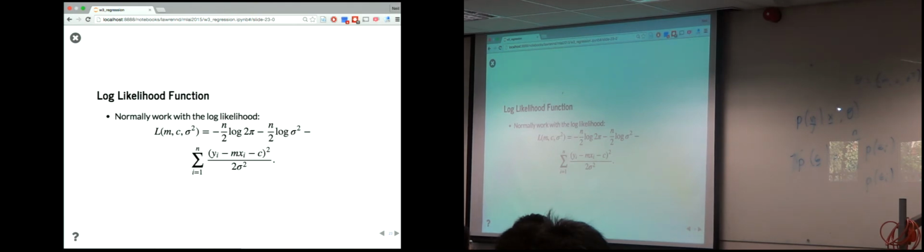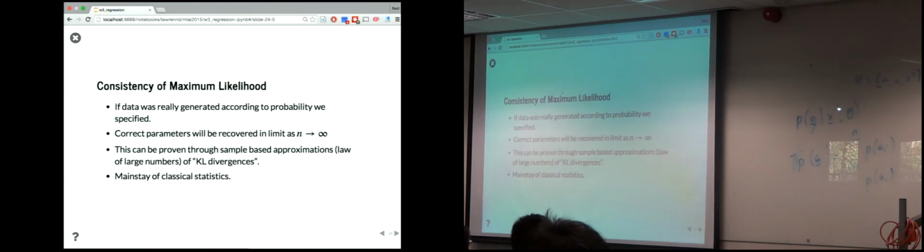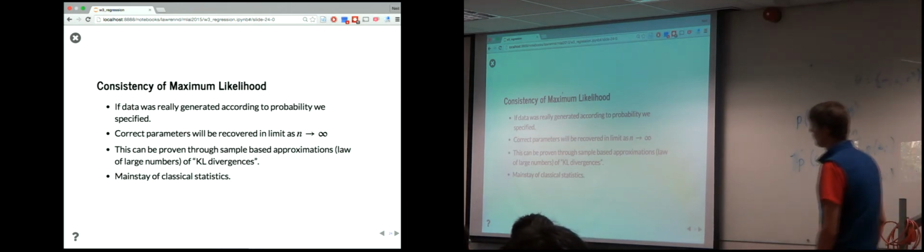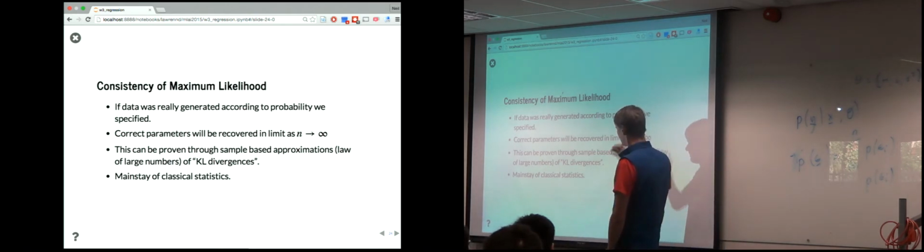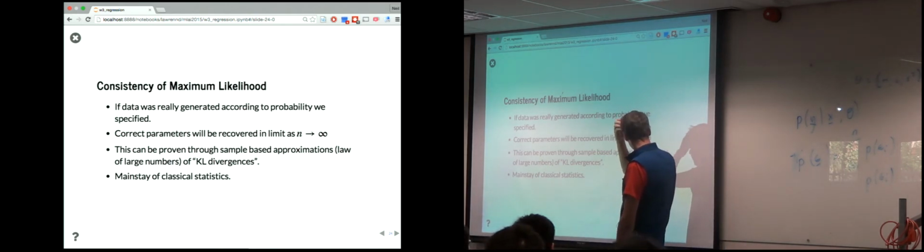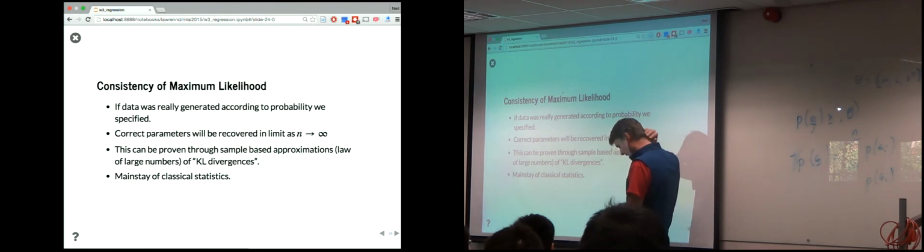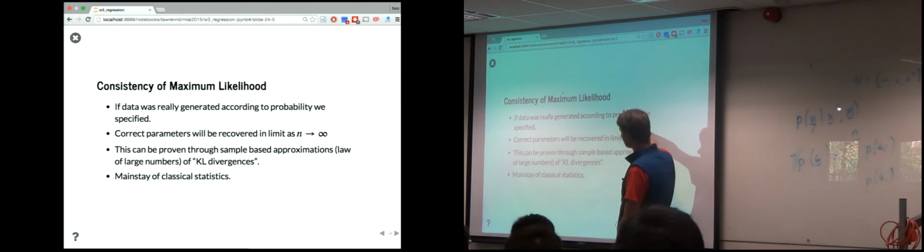Now there's a property in statistics for these IID models that talks about the consistency of maximum likelihood.